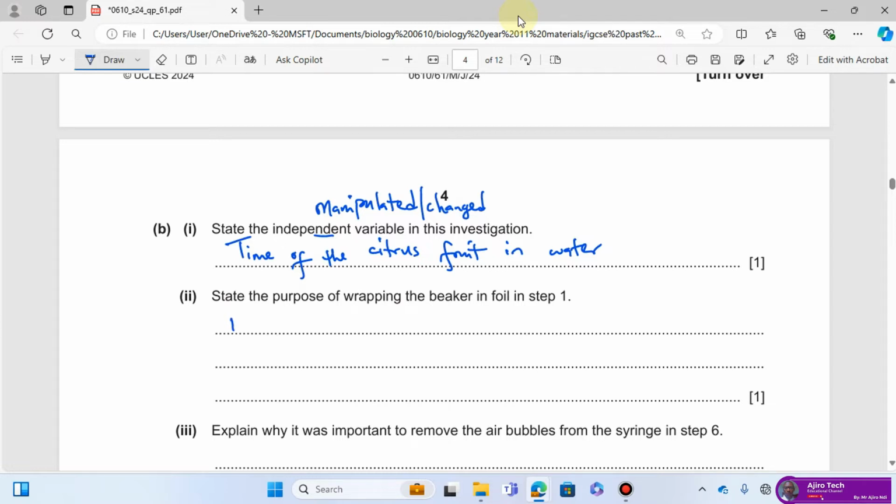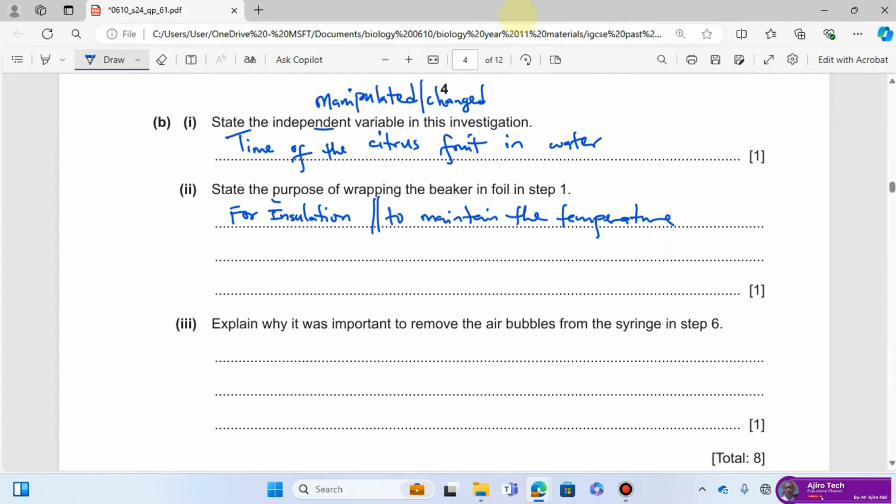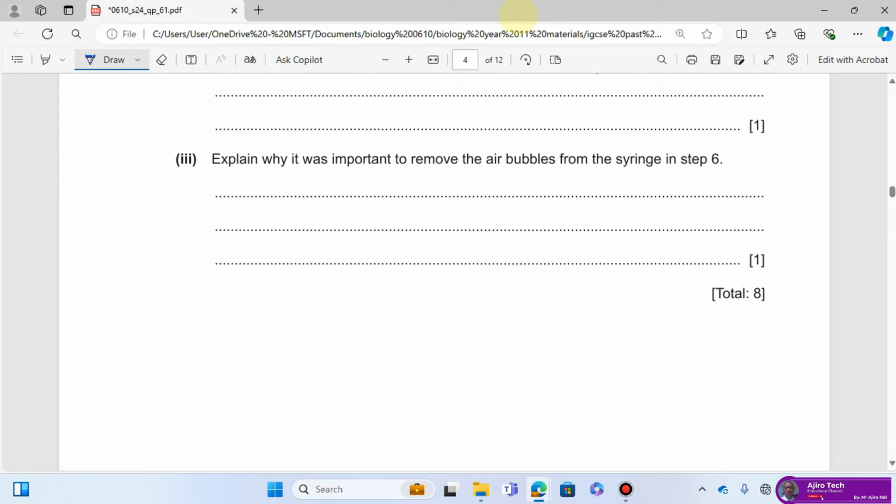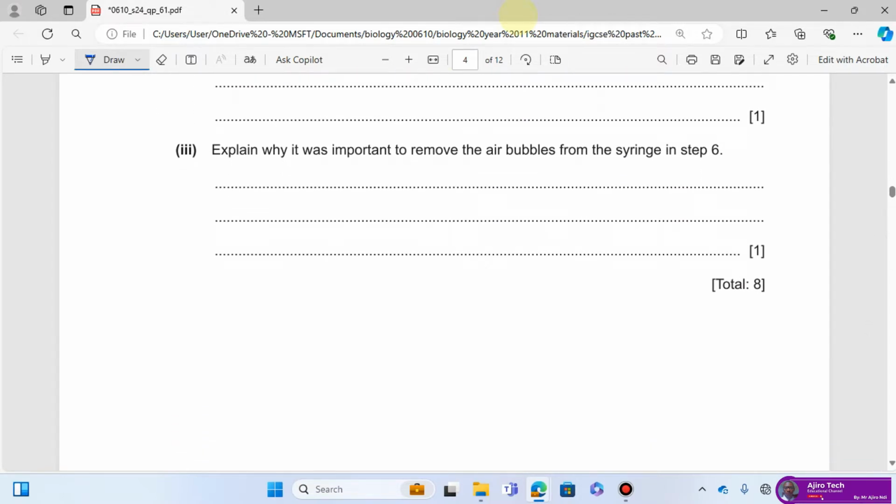So it's for insulation. Other words you can use are to maintain the temperature, or to reduce heat loss. Any of these will work. It's 1 mark, so 1 point is good enough.